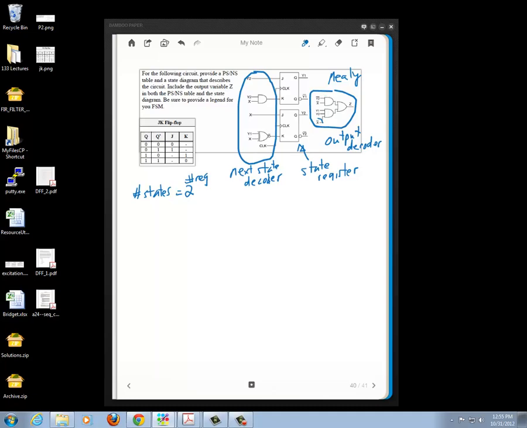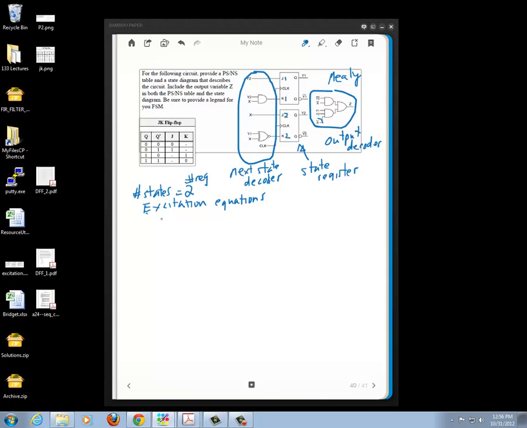Okay, so the first step we already took care of. We noted some pertinent information. We know it's going to have a Mealy output, and we know we're going to have a total possible number of states of 4. So the next step is we can go ahead and write down the excitation equations. We can just look at the circuit. I'm going to call these J1 and K1 and J2 and K2.